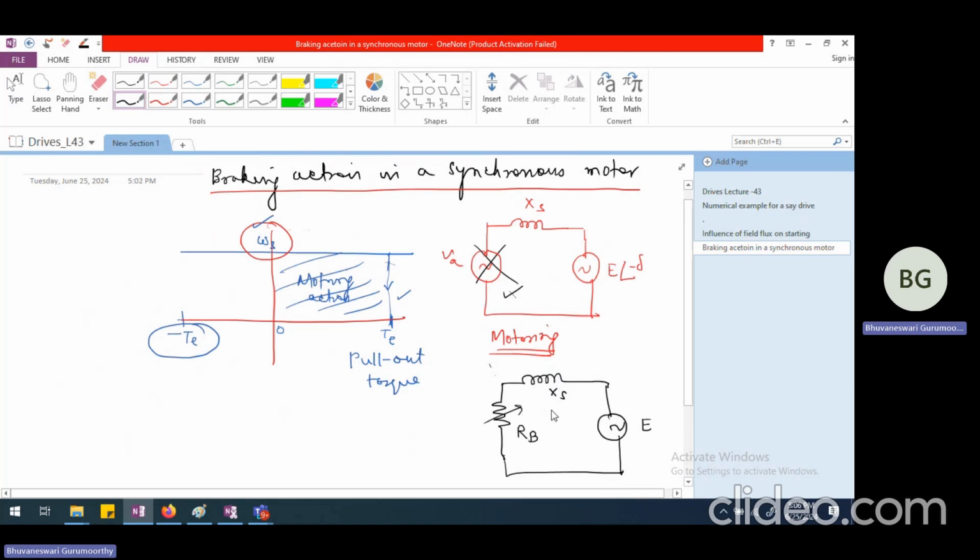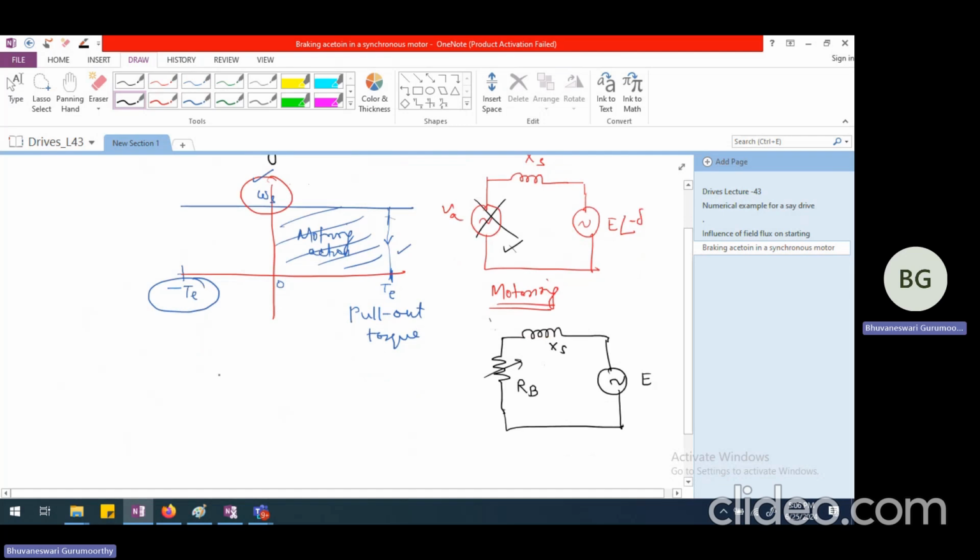This could be a variable resistance. So I can have E. Now, what is the excitation voltage or generated voltage in the synchronous machine? Because of the kinetic energy stored in the rotating parts of the machine. Now, E divided by RB plus jXS, that is going to be the current that is flowing here.